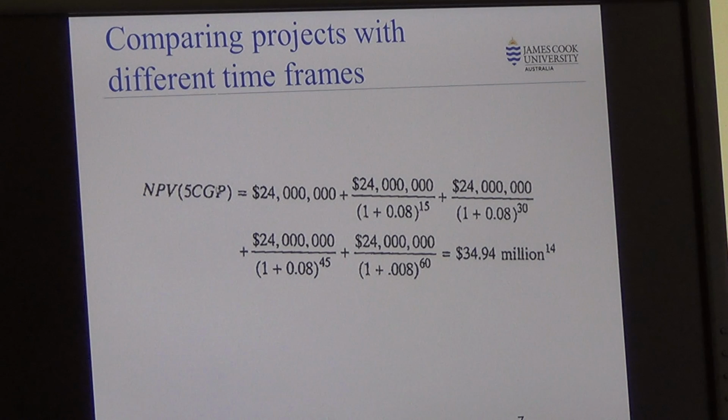What's the NPV of these 5 cogeneration projects? First one is 24 million, we are told. Second one is 24 million, but it's in year 15. So discount it back, and so on and so forth, we get $34.94 million present value.